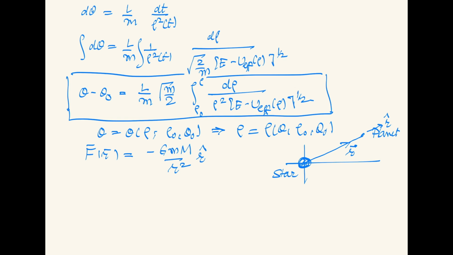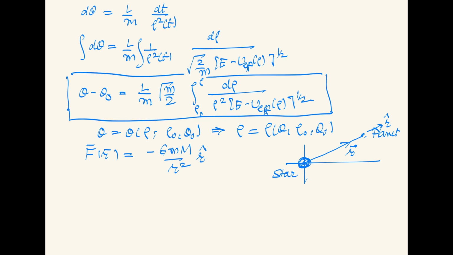The force is proportional to the distance inverse square, and it acts along the direction of the radius vector. Now I'm going to put a minus sign here because it is attracting. Supposing I were looking at a Coulomb force, where I had a positive charge and another positive charge. So that force would be repulsive. So it would be a central force, but a repulsive central force, and not an attractive central force.